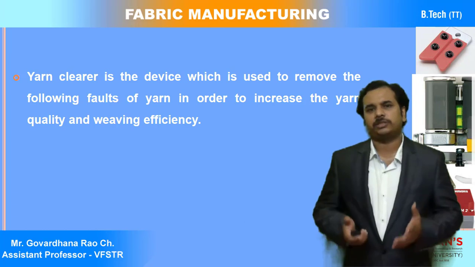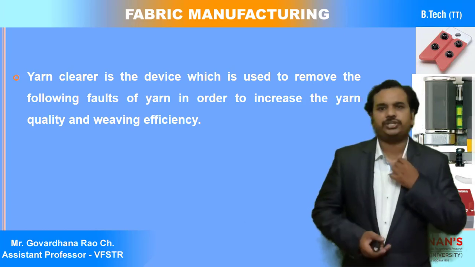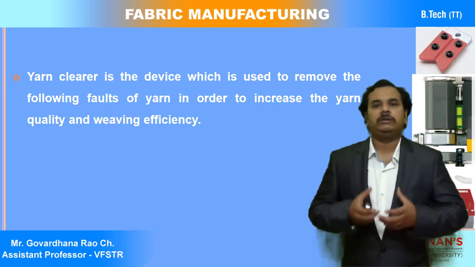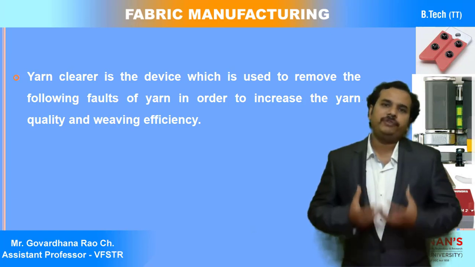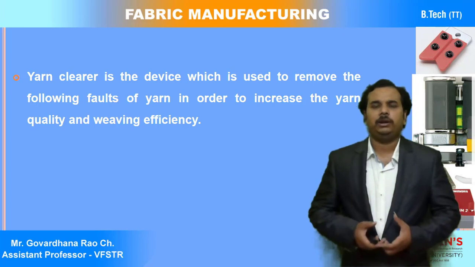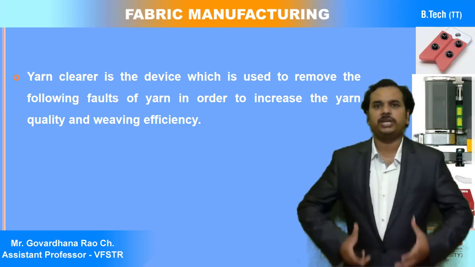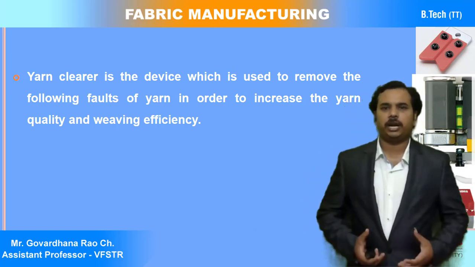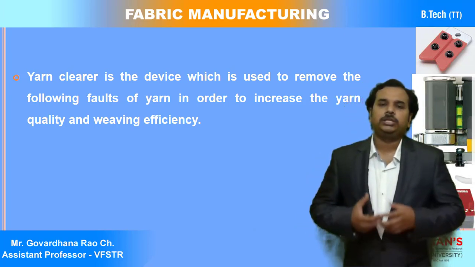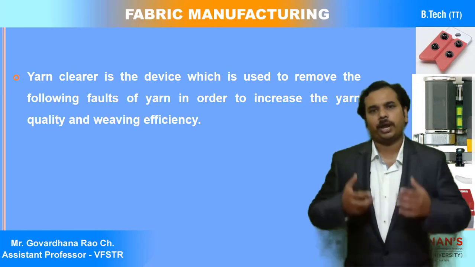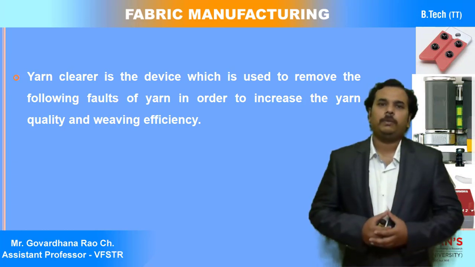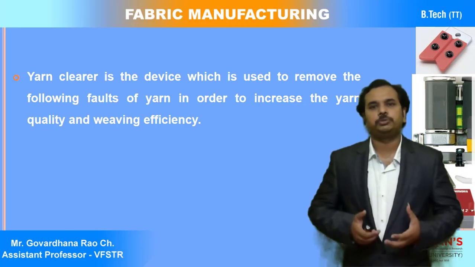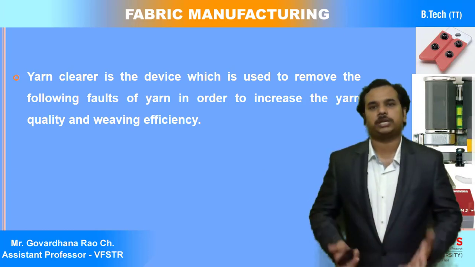Weaving efficiency is about the weaving machine running. For example, if the yarn has weak places, what will happen? Because the weaving machine is running at a higher speed, stresses and strains are applied onto the yarn. Because of this, the yarn is going to break wherever weak places are present.